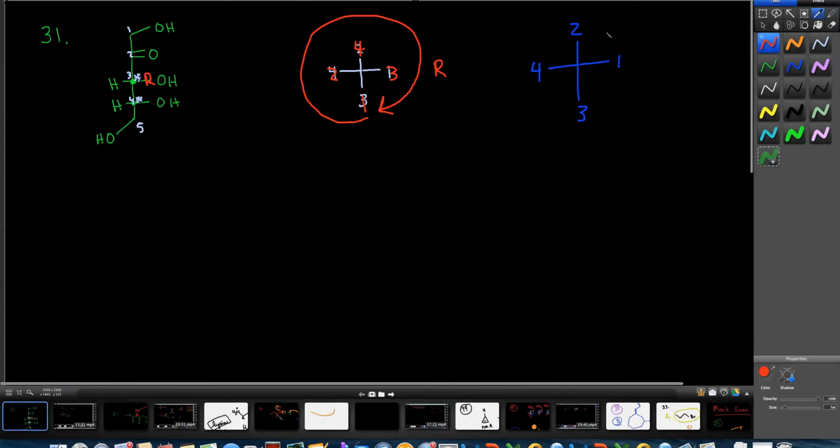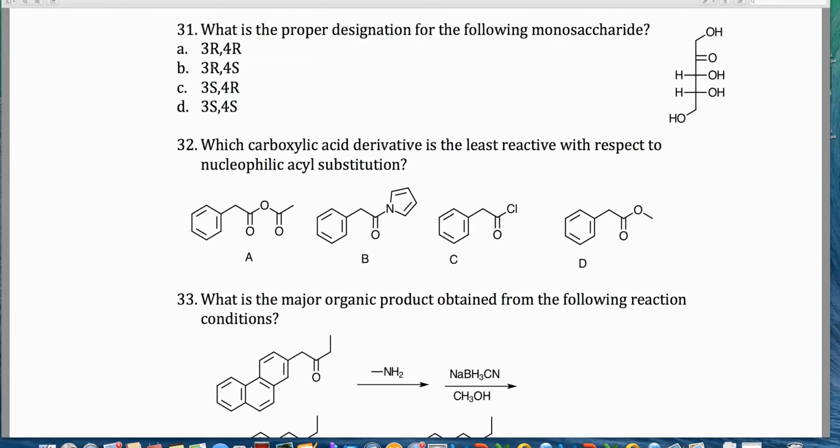Again, if we flip 2 labels twice, we can go 4 and 2 and 1 and 3. That's also R. So we're looking for 3R, 4R in our answer choice. And that's going to be answer choice A.